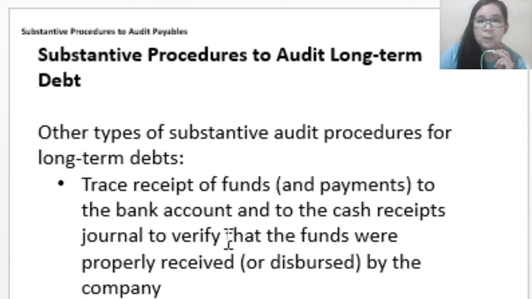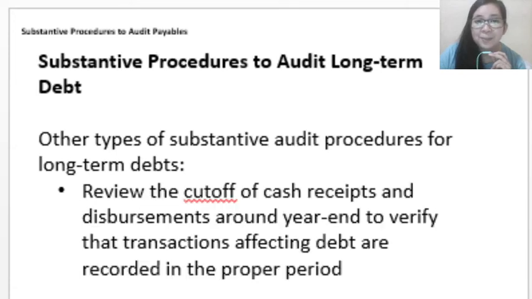He will trace receipt of funds or payment to the bank account and the cash receipts journal to verify that funds were properly received in the case of the proceeds of the loan, and for the payment, if there has been a proper accounting for any disbursement made by the entity. Here, the auditor will also determine some parts of the balances and transactions related to cash.